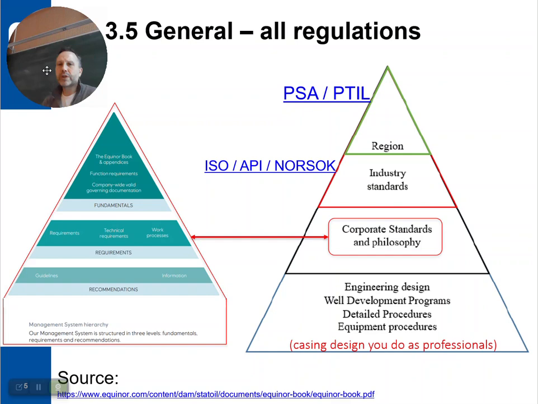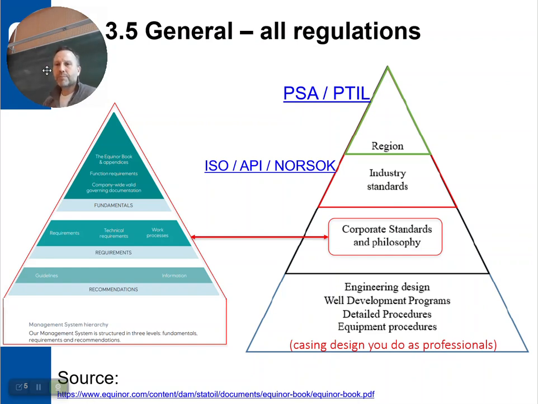What comes below the standards, looking at it this way with a Norwegian perspective, would be any company's standards and philosophy. The regulations of companies would be more, call it firm, more detailed, and wider. That's why this triangular shape is used.